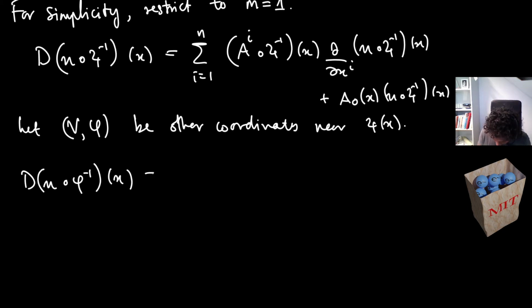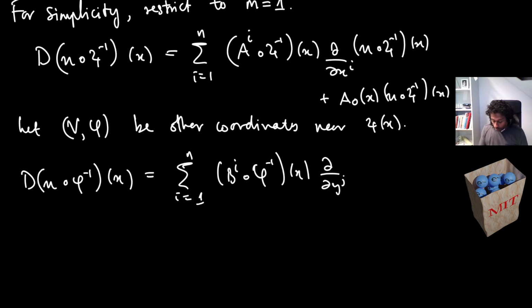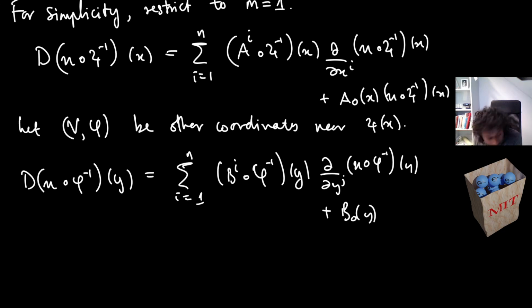Now we can do the same thing and just replace the A_i with some B_i, so let me replace this and write this with the B_i. I'll call the coordinates inside the phi y. Okay, so maybe I'll write y here, sorry. u composed with phi inverse y plus b_0 y. Okay.